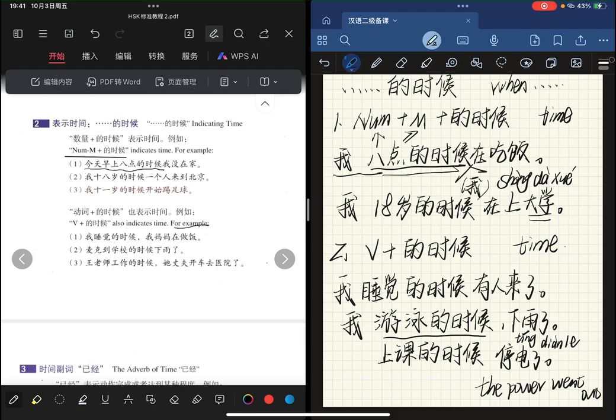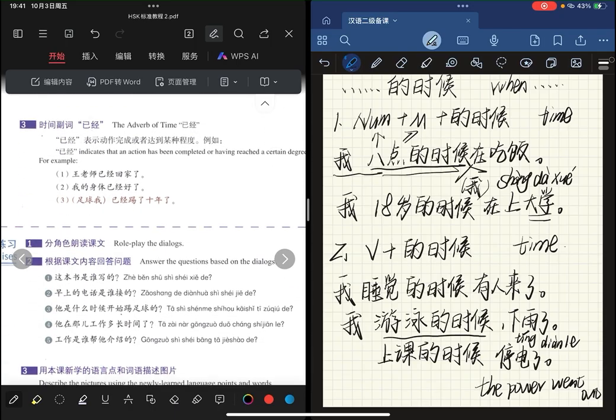For example, 我睡觉的时候我妈妈在做饭. When I was sleeping, my mom was cooking.